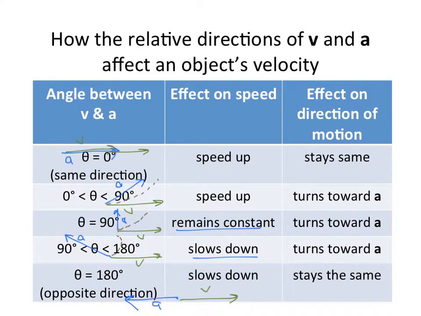So this acceleration, or you would probably call it a deceleration, is going to cause this velocity to get less and less and less, and probably wind up turning around at some point and going the other way. All right, so these are all things that can happen if we have accelerations applied to an object's velocity, and that can affect the object's value, its magnitude, but also its direction as well.